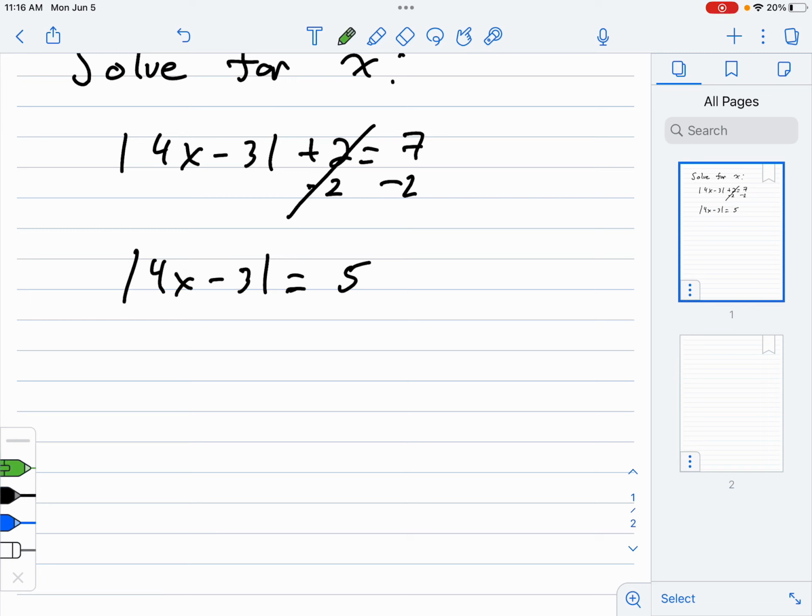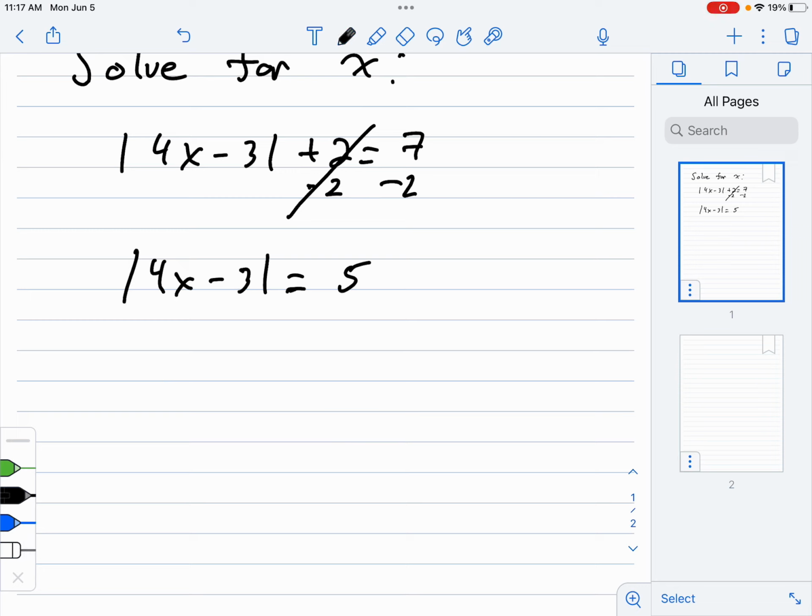So specifically, if I had moved the 2 over and I got something like negative 7, or negative 4, there is no solution to this equation. An absolute value can only be 0 or positive. Okay, so it is the case that we can solve this equation, because 5 is positive.